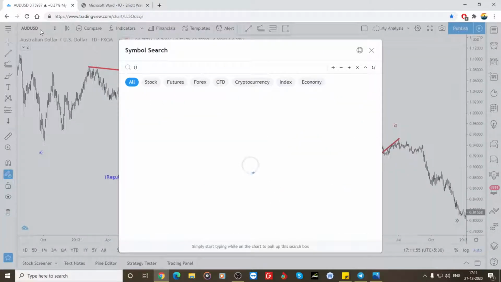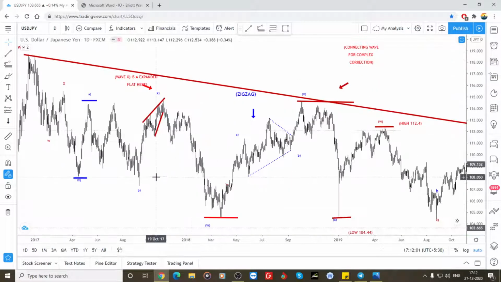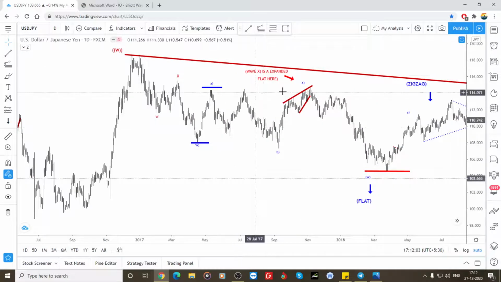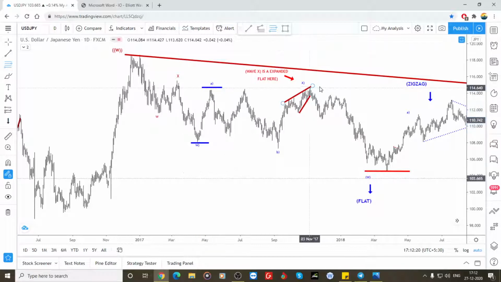Once again we will move on to USD JPY for the expanded flat. Here it is an expanded flat, and this is the impulsive wave. Here, from 0 to the A wave, see this is 1 and there is 1.272. Within this it got rejected and went high, and it did make a high also.